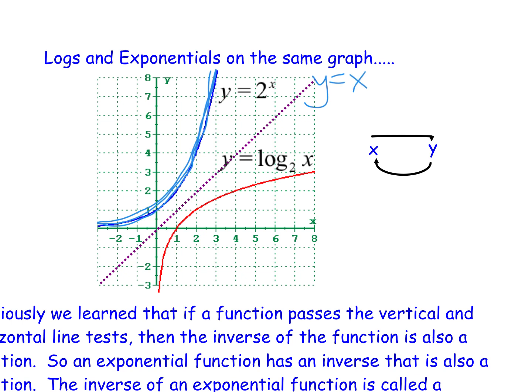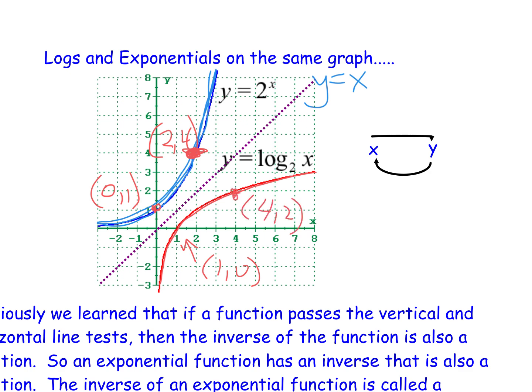And here is the inverse. So like the point 0, 1 turns into the point 1, 0. Look at that. And the point right there, which is on this one, is 2, 4. So then the other one must have the point 4, 2.